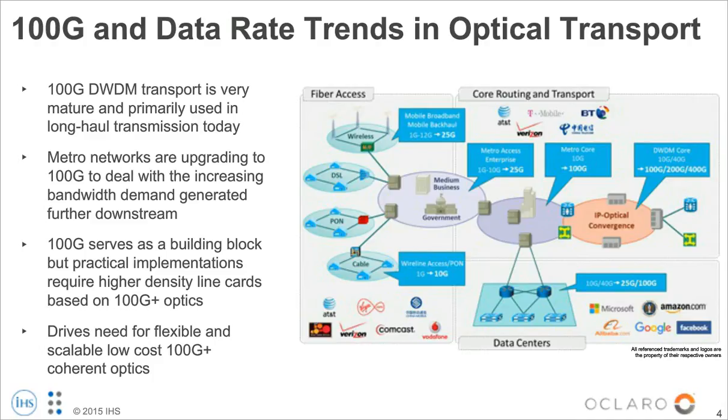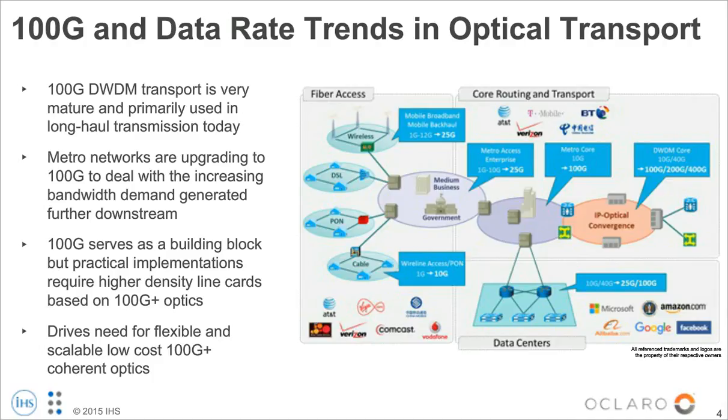For example, in wireless, we're seeing 10, 12 gig deployed today, but also people starting to look at 25G as they're thinking about moving beyond 4G LTE in the future. Similarly, in the data centers, we see 40 gig optics being deployed today in the switches as they aggregate the 10 gig lines from the servers, but we see a big momentum going to 100 gig as data centers are moving to 25 gig at the server over the next year.